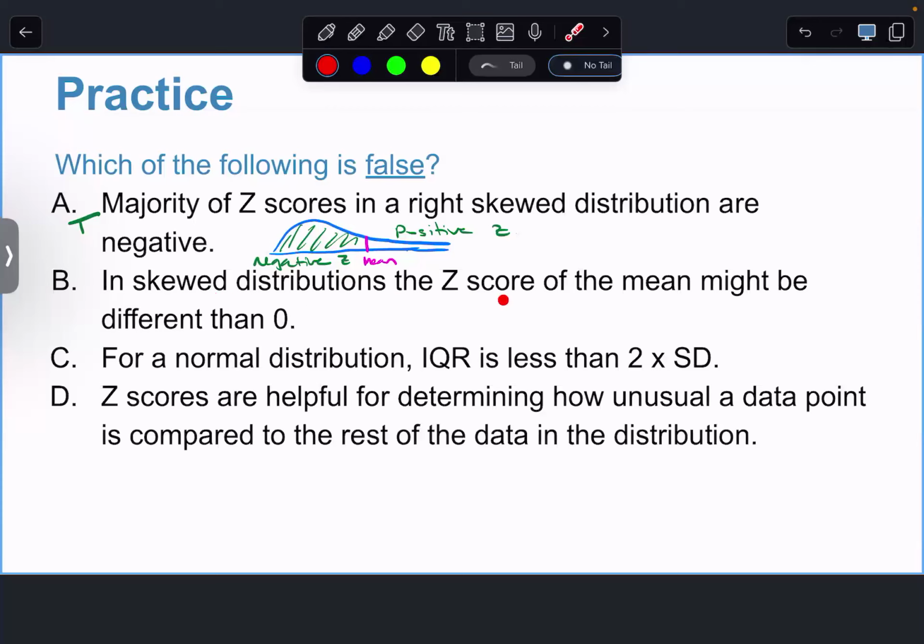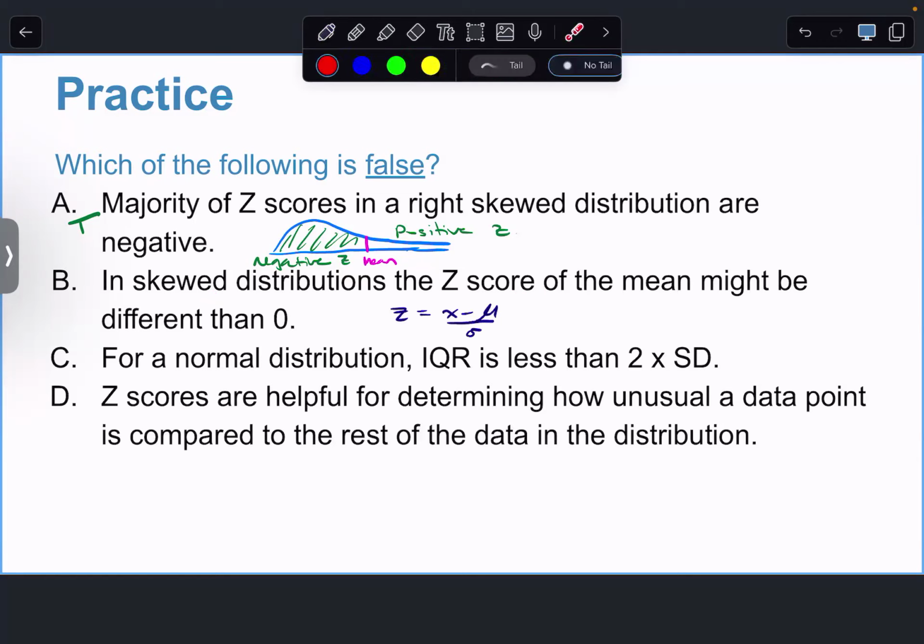In skewed distributions, the z-score of the mean might be different than 0. How could that be? Remembering that z is x minus mu over sigma, that's always the case.